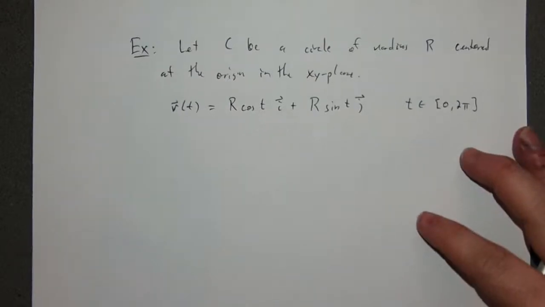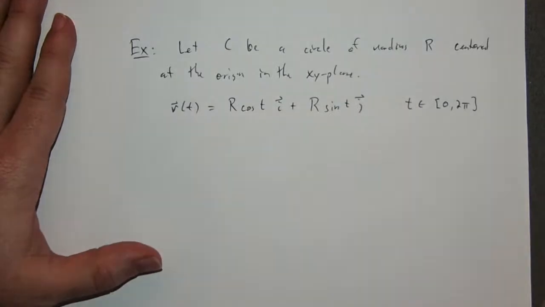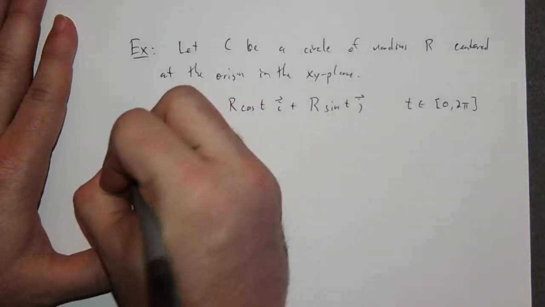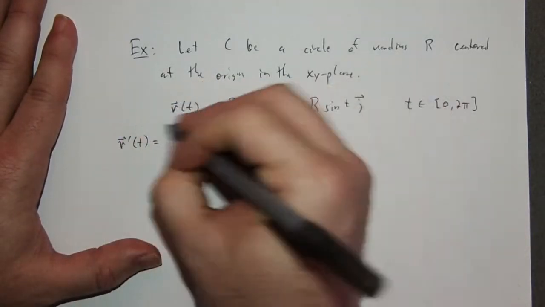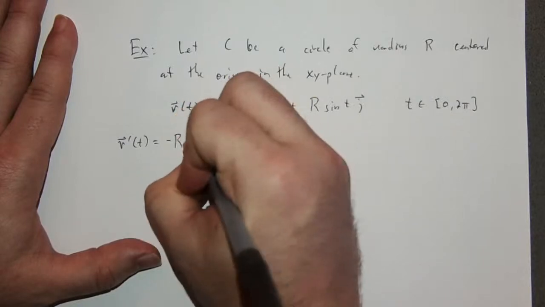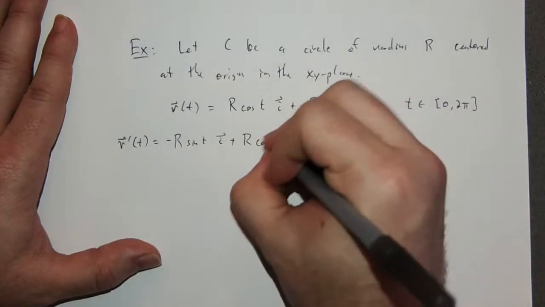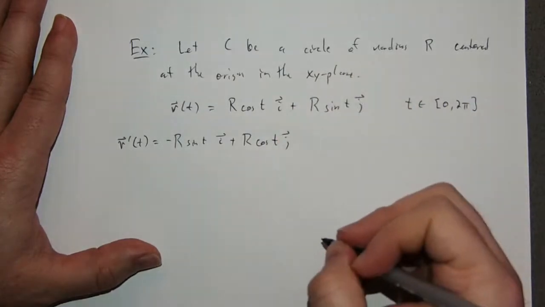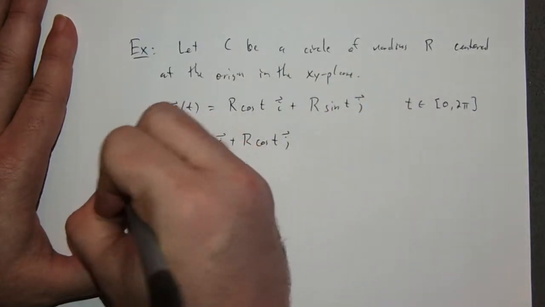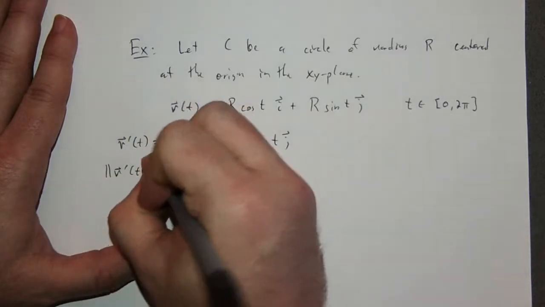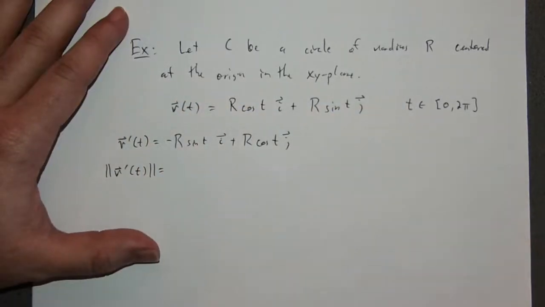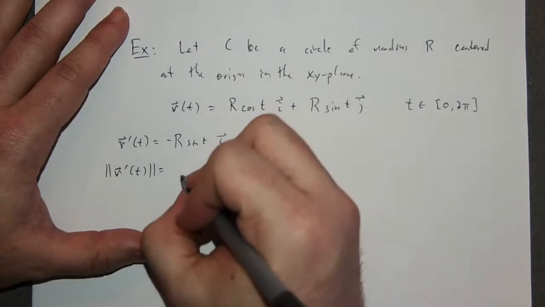Okay, so quickly, since we've actually already computed all these things before, what is r prime of t? This is minus r sine t i plus r cosine t j. The length of r prime of t is going to be r, but we'll compute it anyway.